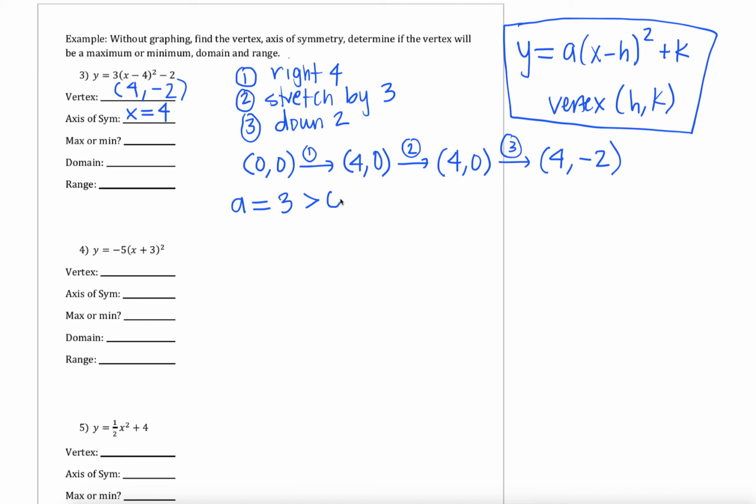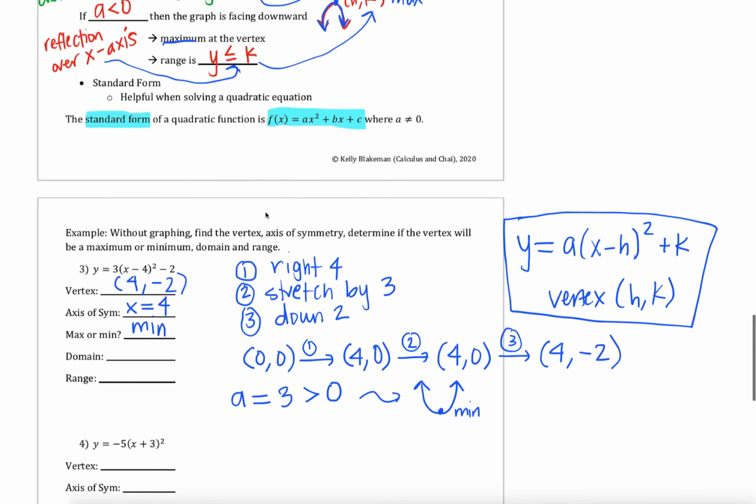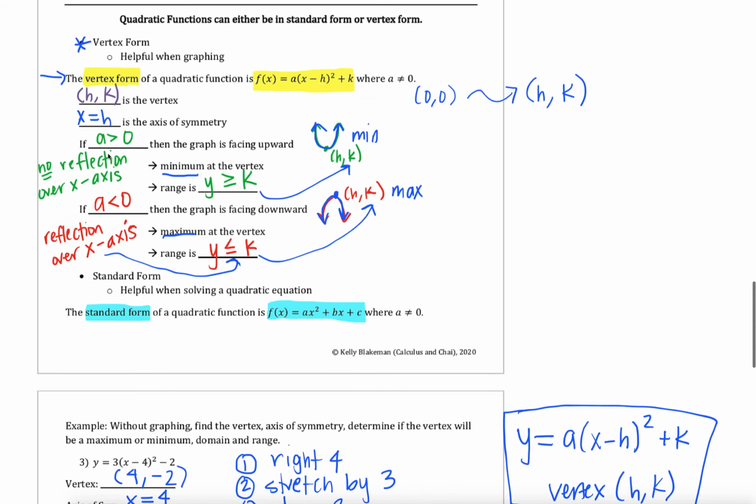Since that number is bigger than 0, it tells me that I had no reflection, so my graph is facing upward. And because of that, I know that my vertex then is going to be a minimum on this graph. And this information again is coming from what I discovered out of vertex form by looking at if a is bigger than 0 or if a is less than 0.